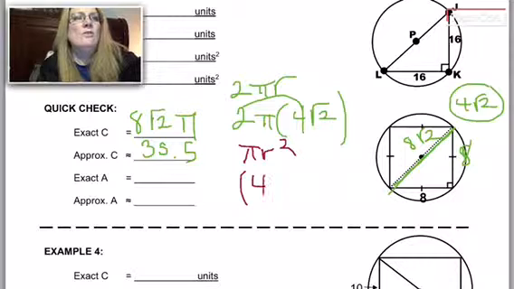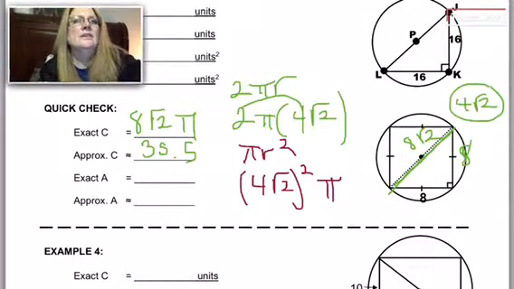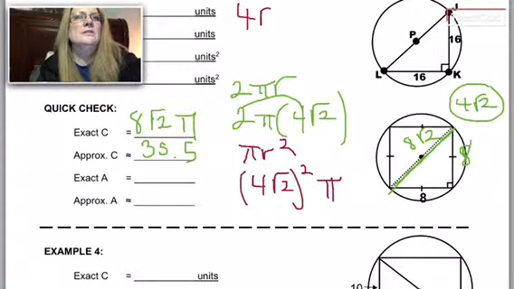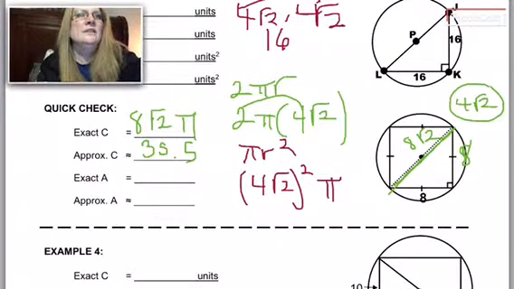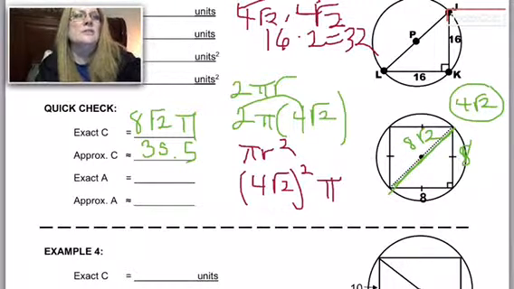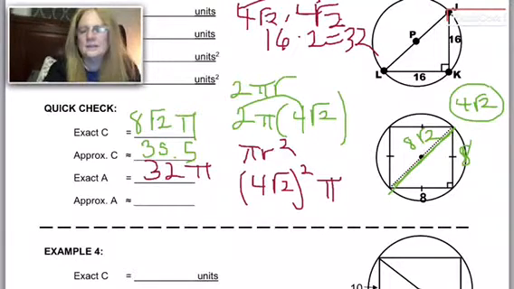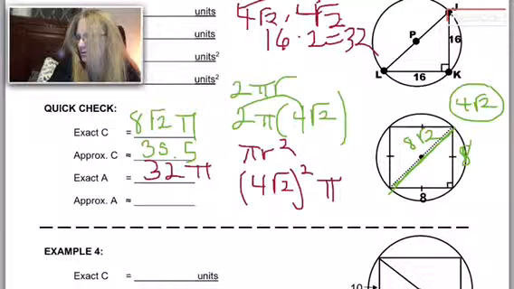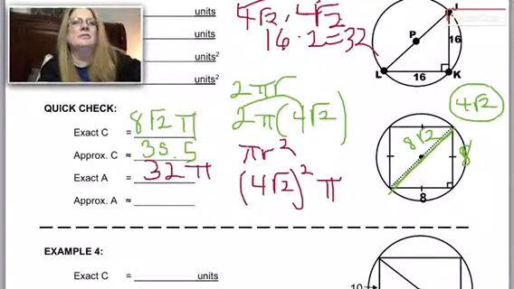So 4 square root of 2 squared times pi. So remember, 4 square root of 2 times 4 square root of 2. You're going to multiply 4 times 4 and get 16. The square root of 2 times the square root of 2 is 2. And then that is 32. So we have 32 pi. And then in our calculator, that is approximately 100.5.